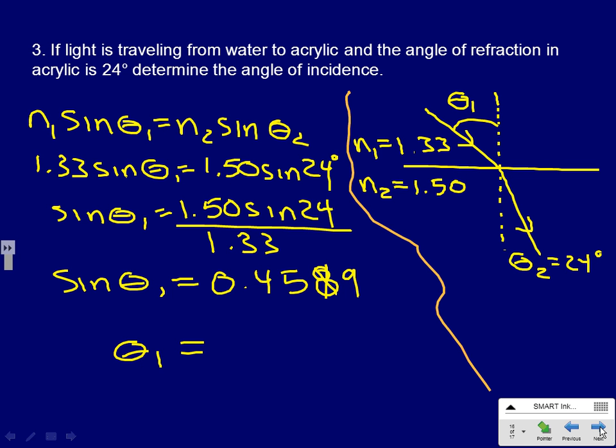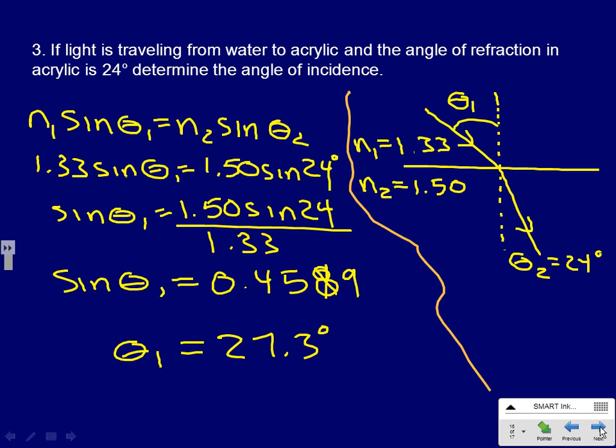So then inverse sine it, and what do we get? Justin, what do you got? 27.3 degrees. 27.3 degrees is the angle of incidence. And we predicted it would be bigger from our picture, and it is bigger.